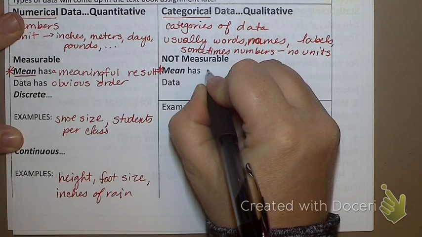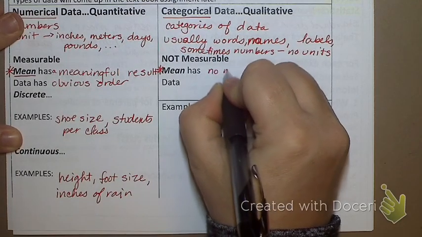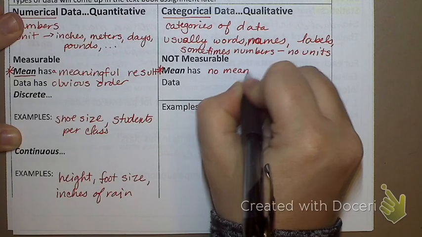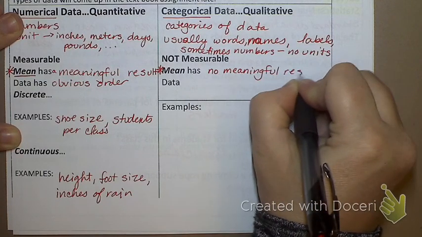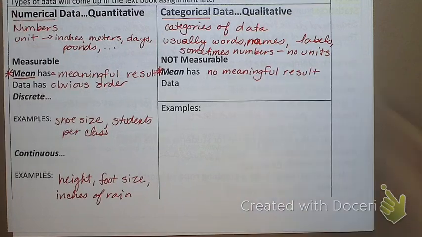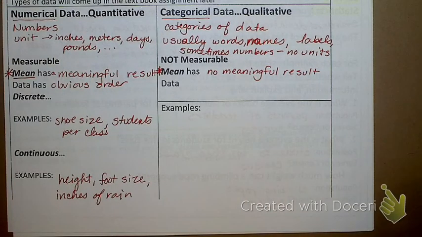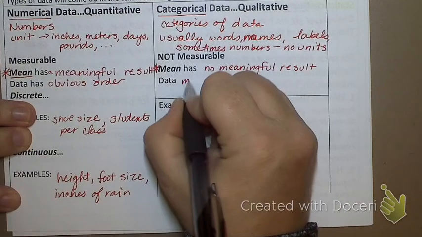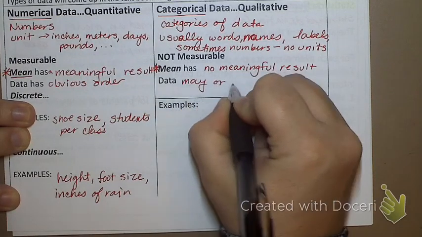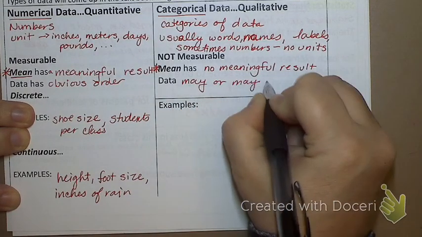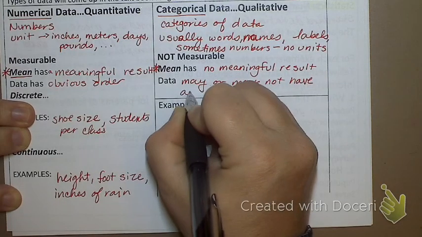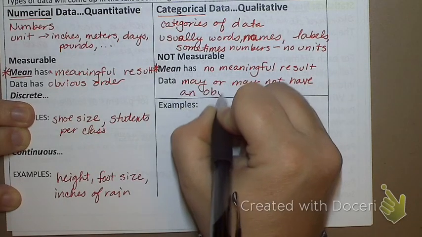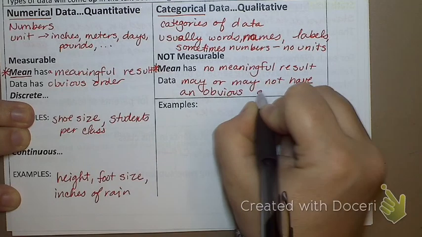The mean has no meaningful result. And data may or may not have an obvious order.